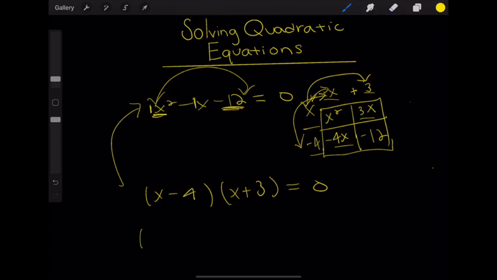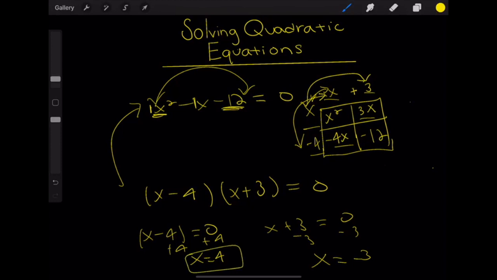So now we just set both of these equal to 0. So we'll just add 4. x is equal to 4. And we are done. So that is your answer to this problem.